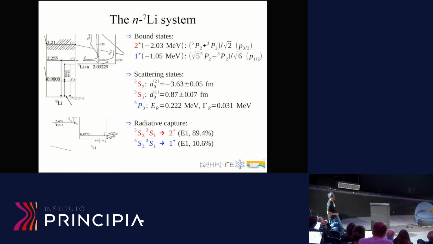the structure is quite similar to proton beryllium-7, just the numbers change a little bit. But anyway, this was a nice starting point. The spin structure is basically the same as proton beryllium-7. It has two bound states: a 2+ bound ground state with about -2 MeV of binding energy, which in this cluster approximation is just a 5P2 plus 3P2 symmetric combination.